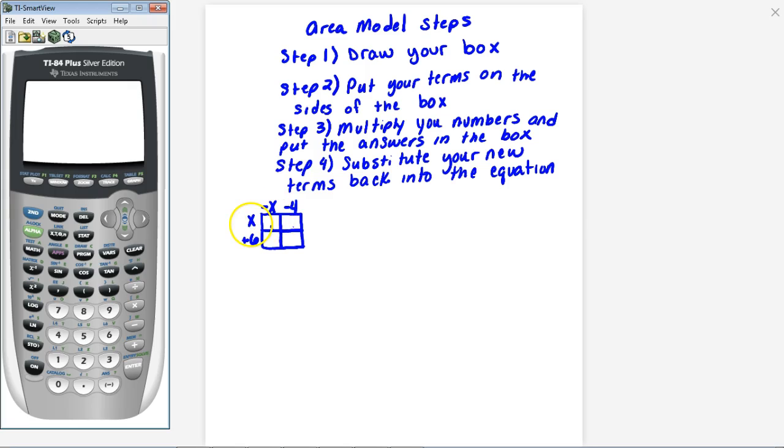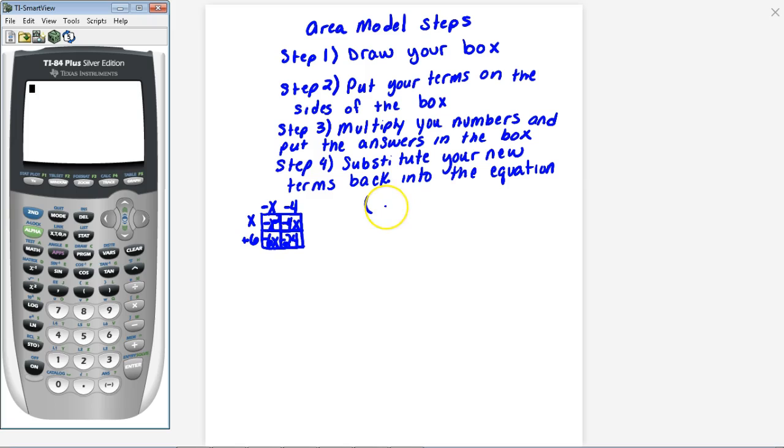Negative x times x is negative times a positive, so negative x squared. Negative 4 times x is negative 4x. Negative x times 6 is negative 6x. And negative 4 times 6 is negative 24, right? Now substitute your terms back into the equation.